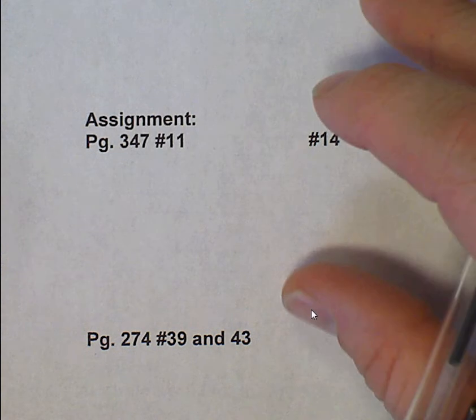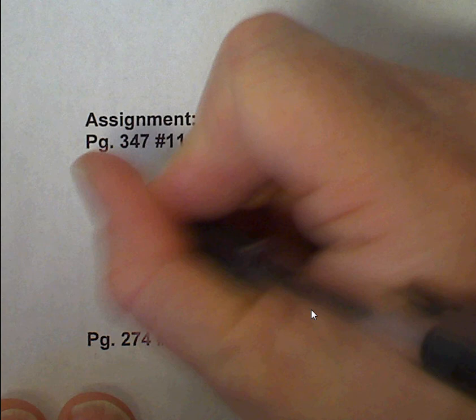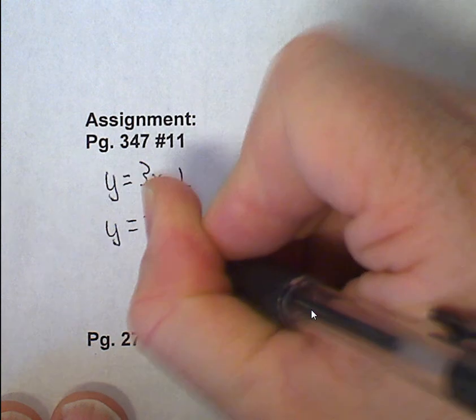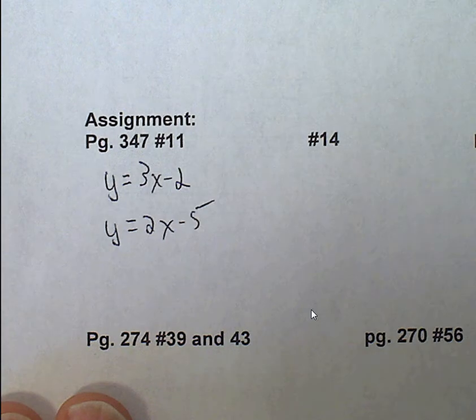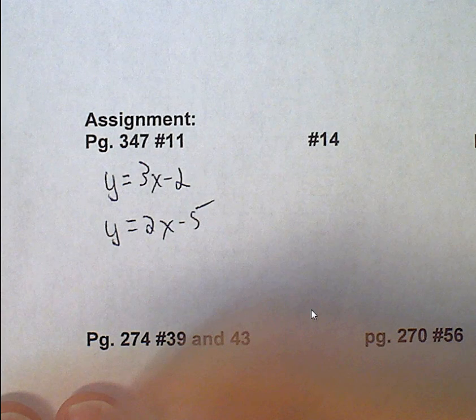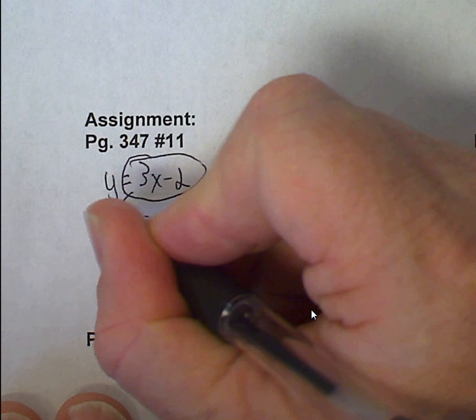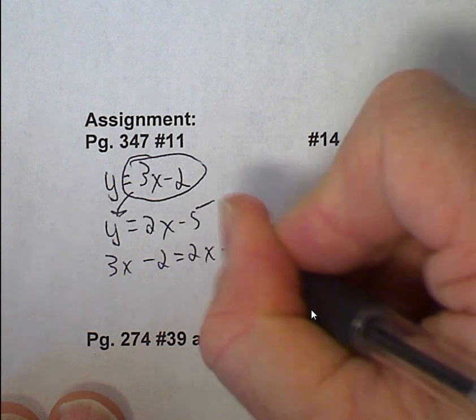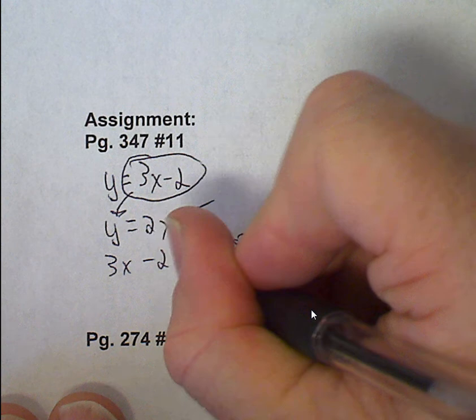Page 347, number 11, they give us y equals 3x minus 2, y equals 2x minus 5, and they use substitution. If I'm going to substitute, the y is already by itself. 3x minus 2 equals 2x minus 5, minus 2x, minus 2x.